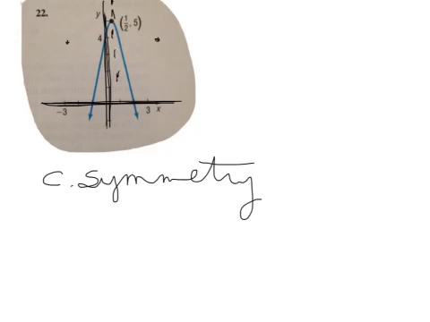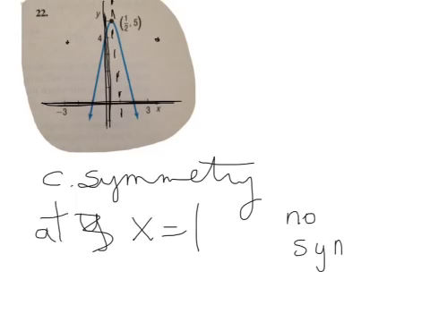So there is symmetry at the line, that's where x crosses, so x equals 1. But they're not asking for that. The directions just say x-axis, y-axis, or the origin. So there is symmetry here, but they're not asking for that. So you could also say no symmetry. Noticing x equals 1 is kind of like a bonus.